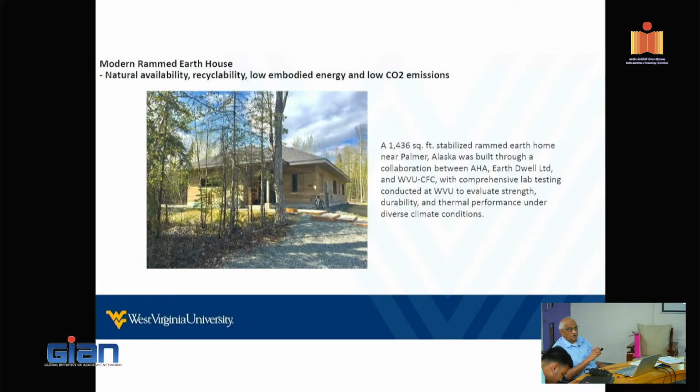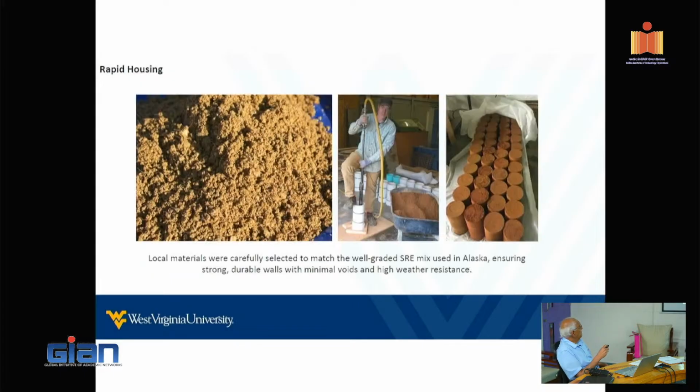We did some work on rammed earth. This is only good for rural areas, not for urban areas. I built the building in Alaska, and there was about a 7.2 earthquake, about 50 miles from the epicenter, and it survived. That is the Alaska building.